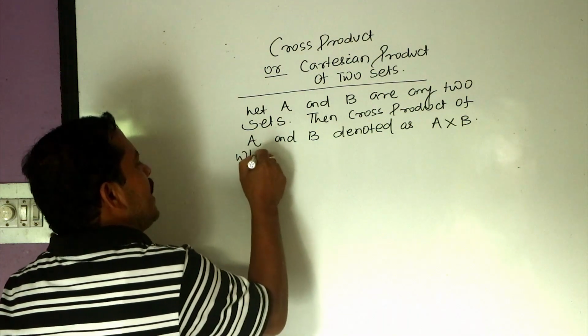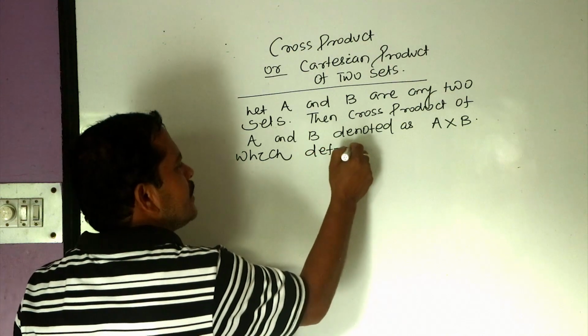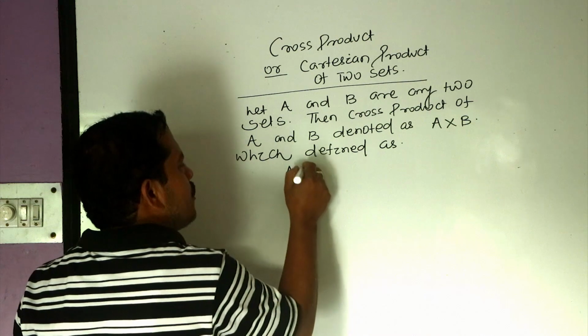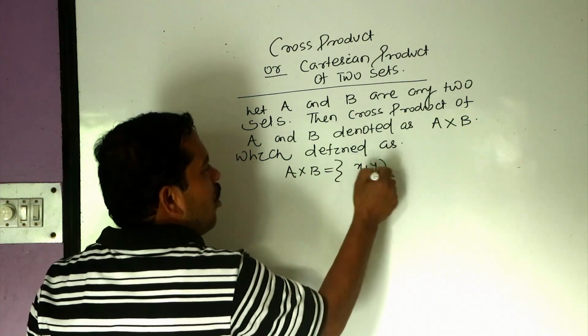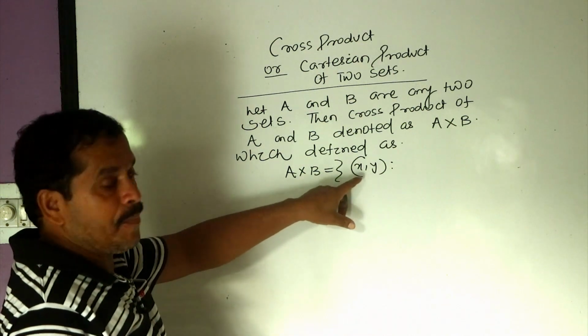which is defined as A cross B is the set of ordered pairs (x, y). This is not a single element, it is a pair element.